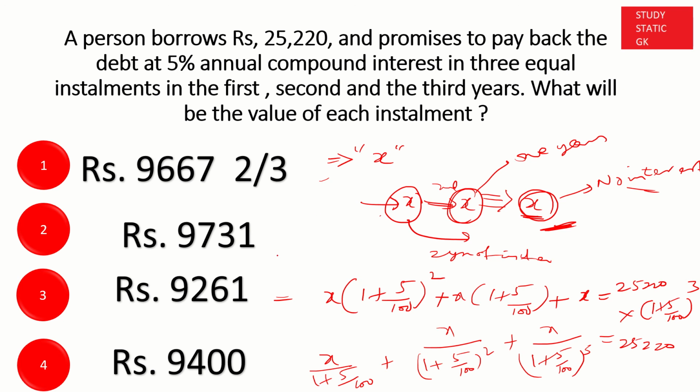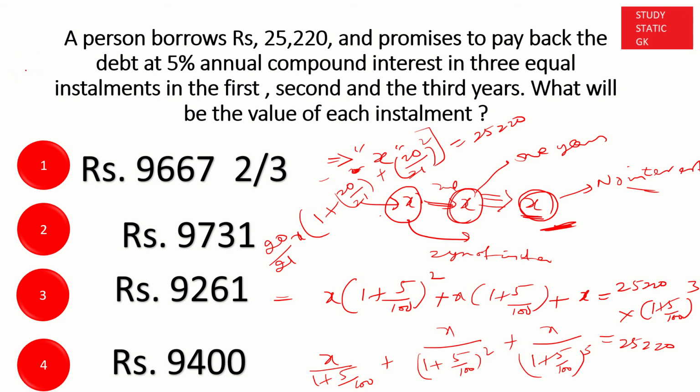Okay, so if it goes up, then it is 20 by 21, right? So I am taking 20 by 21 X common, so 1 plus 20 by 21 plus (20 by 21) whole square, that is equal to 25,220, right? If we calculate this thing, I'm calculating over here, see the upper corner.